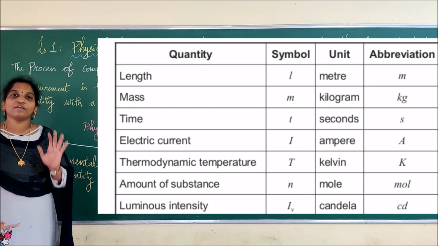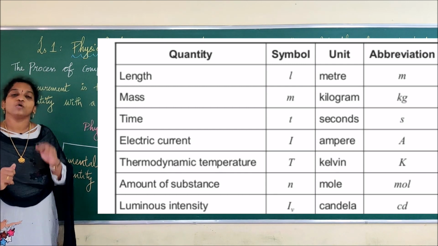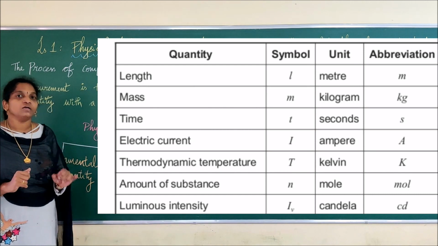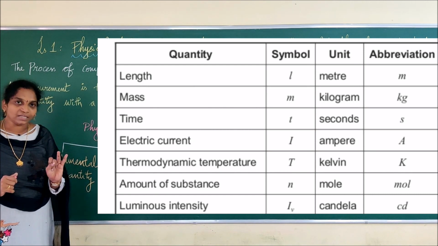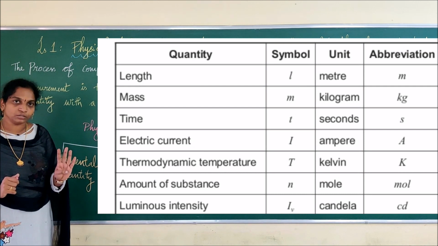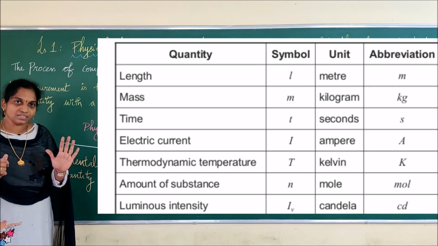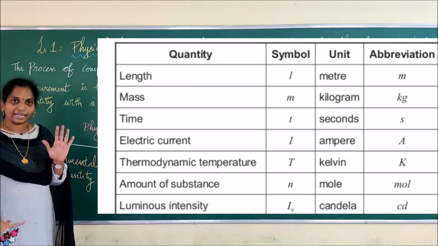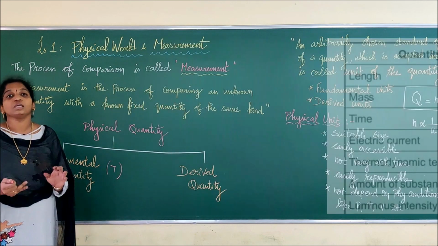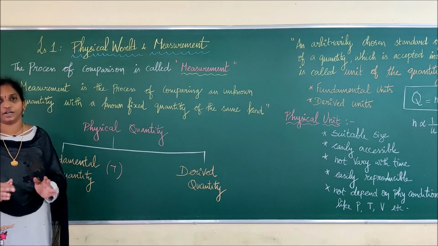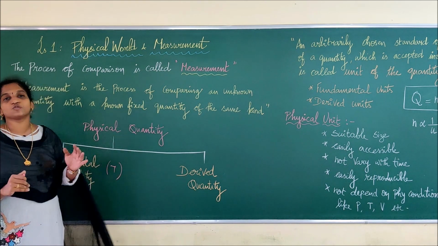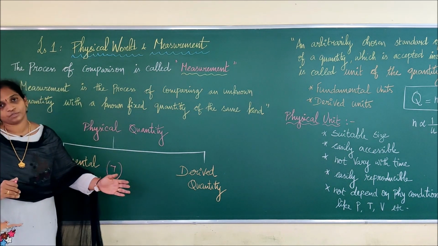Let me repeat: length, mass, time, temperature, luminous intensity, electric current, and amount of substance. These are the 7 basic fundamental quantities, and they cannot be explained in other forms.